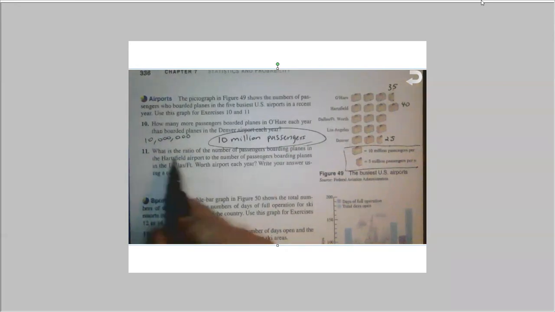All right, 11, here we go again, another ratio. What is the ratio of the number of passengers boarding planes in the Hartsfield Airport to the number of passengers boarding planes in the Dallas-Fort Worth airport each year? Here, write your answer using a colon. So that's what I need this time. I always start with a fraction.